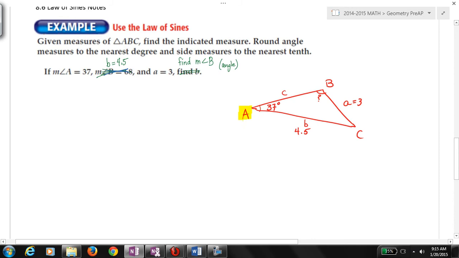But I know angle A, I know it's 37, they labeled it, and directly across it, I have lowercase a. So once again, this is what I'm referring to, your first opposing known pair, the angle and the side.